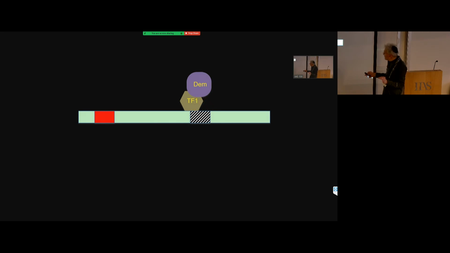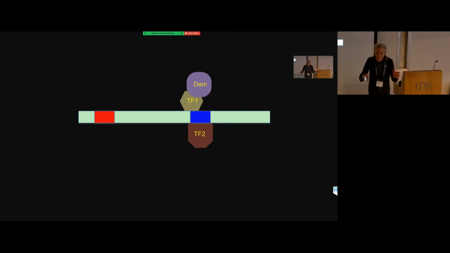Once there's demethylation, there's a change in chromatin structure, makes it more accessible, and now factors can bind. Notice that any factor can bind now. It doesn't have to be tissue specific. What determined the tissue specificity basically is the factor that brought the demethylase and opened this region.